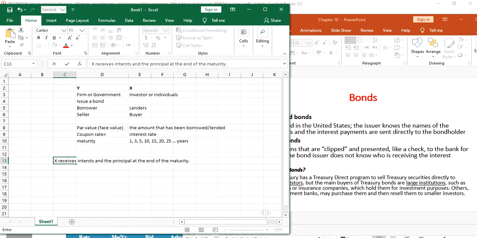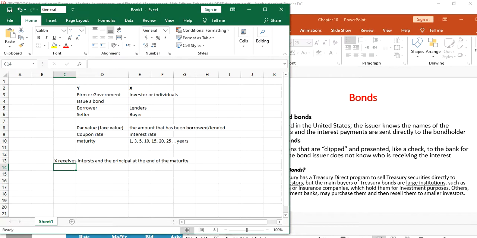So only X will receive that. So Y, the lender, knows who is receiving the interest and the principal at the maturity.